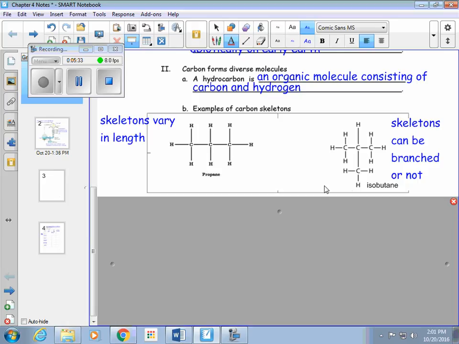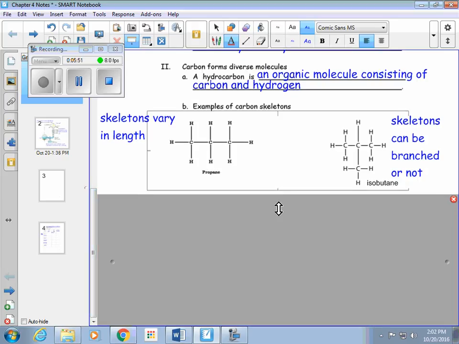Over on the top right-hand corner, we have our molecule isobutane, and this is an example of how that skeleton can be branched. So here we have a carbon skeleton here, but then we have a carbon branching off of that main line of carbons. So skeletons can be branched, or they don't have to be.